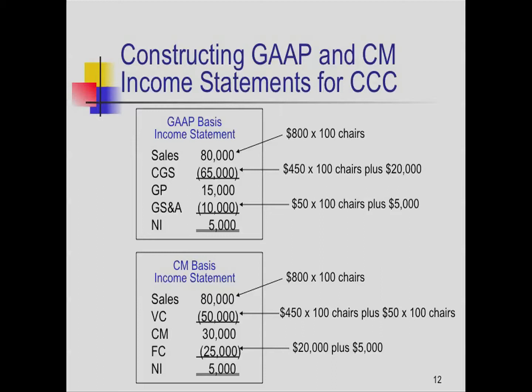So the variable cost here, the $50,000, refers to the variable manufacturing of $450 a chair times the 100 chairs, and it also includes that variable selling of $50 per chair. And the fixed cost includes all fixed costs, the fixed manufacturing and that fixed non-manufacturing, or that fixed selling in this case.